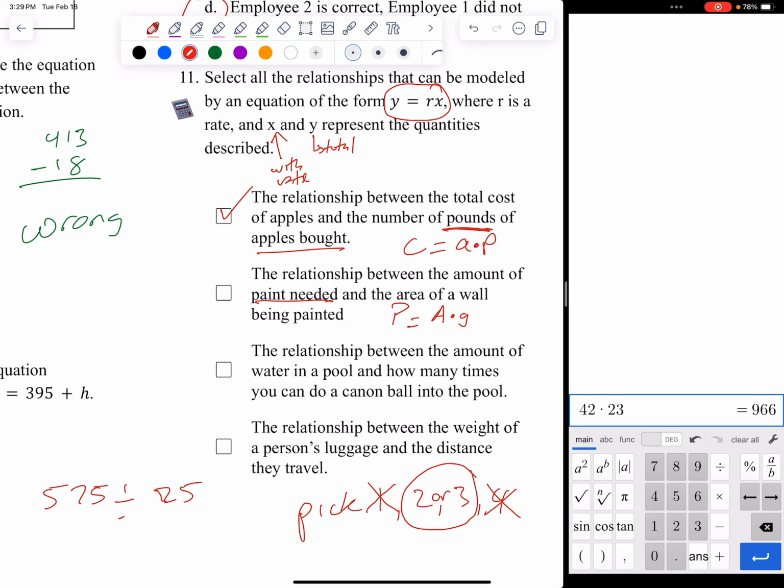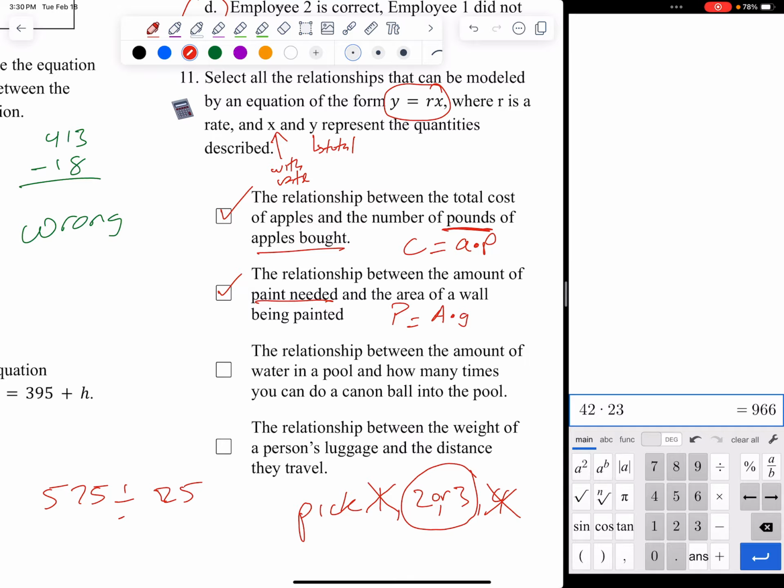So the paint I'm going to use has to do with the area times the gallons, okay? So that's going to be the total paint. So yes, that works.